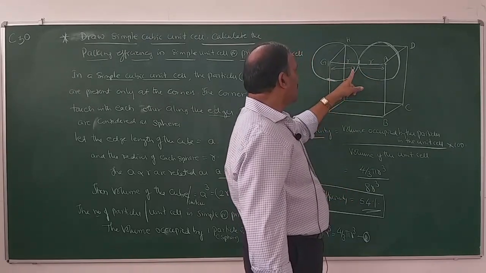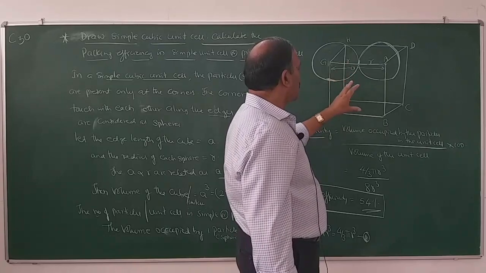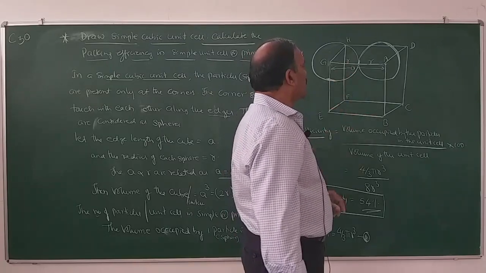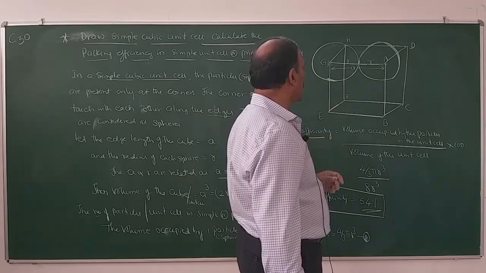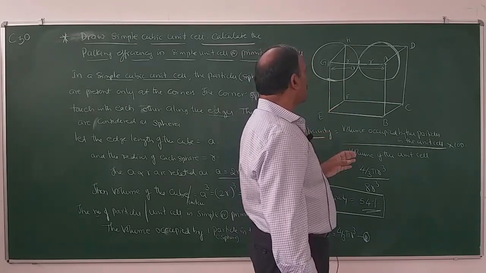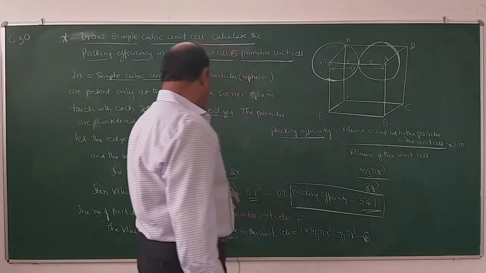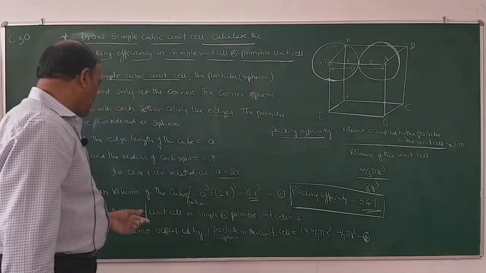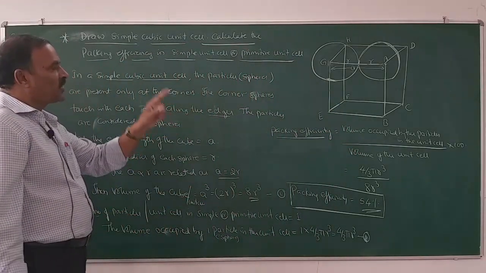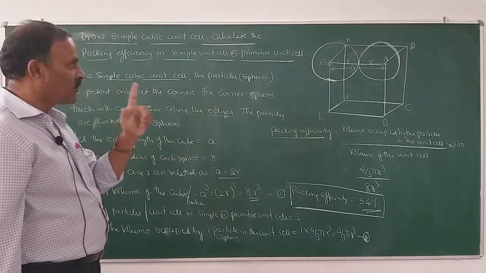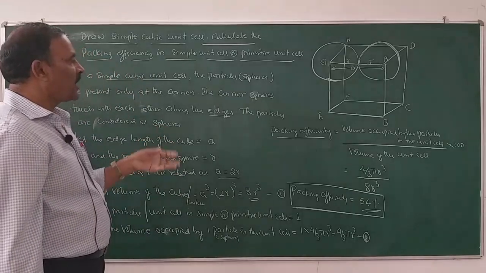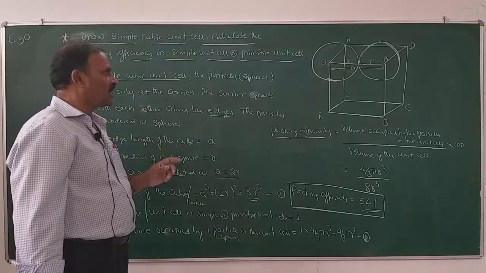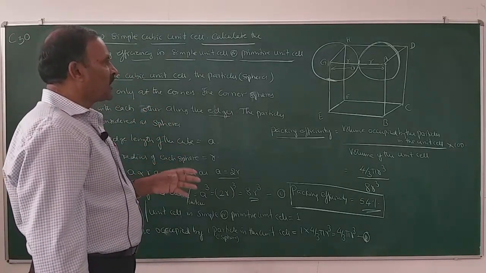If the edge length is a, the total volume of the cube is a cube. If a is equal to 2r, a cube is equal to 2r whole cube, that is equal to 8r cube. The number of particles per unit cell in simple cube is 1, as we have calculated. So the volume occupied by one sphere or one particle is equal to 4 by 3 pi r cube.